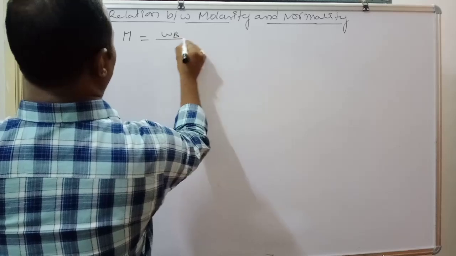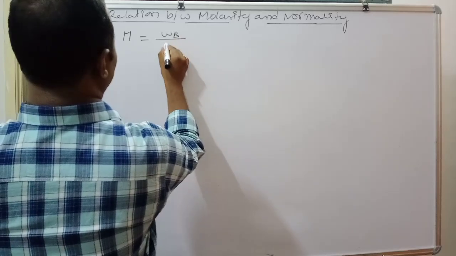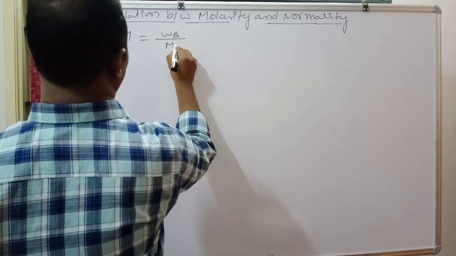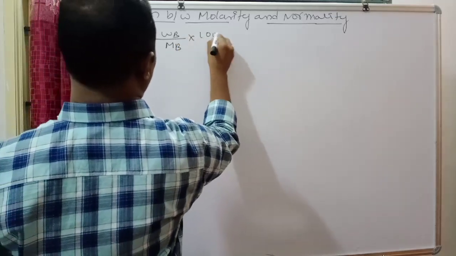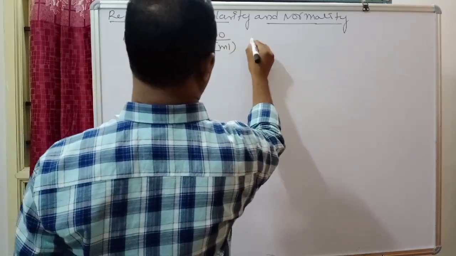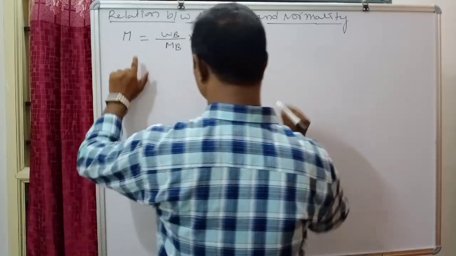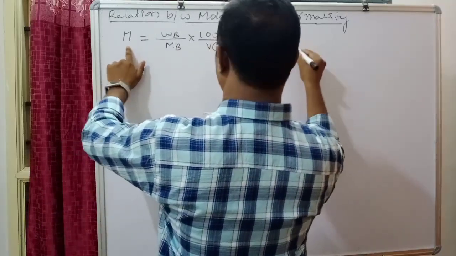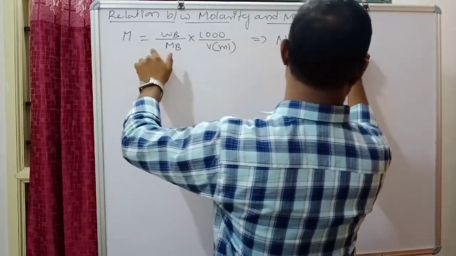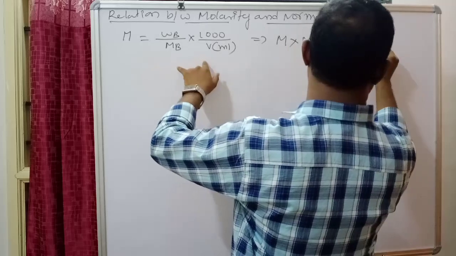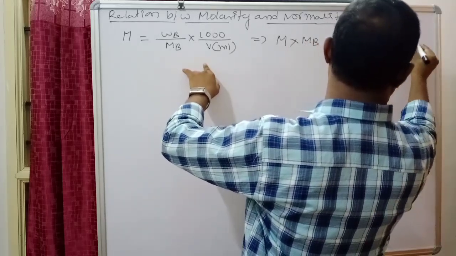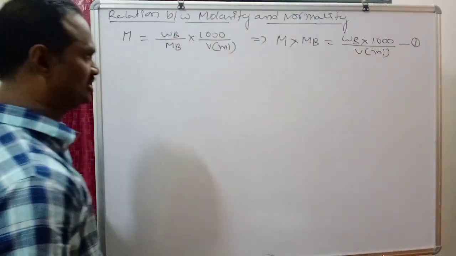Here WB by MB into 1000 by volume in milliliter. From this I will write molarity into molar mass of solute, taking this to this side, equals WB, mass of solute, into 1000 by volume in milliliter. This is considered as equation 1.